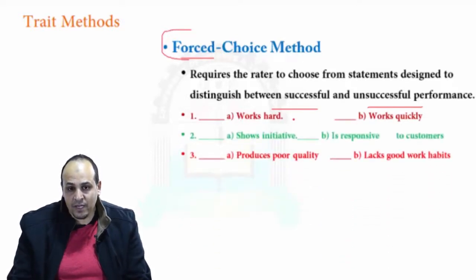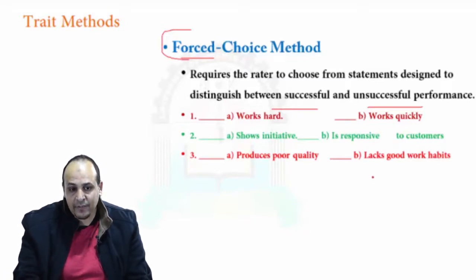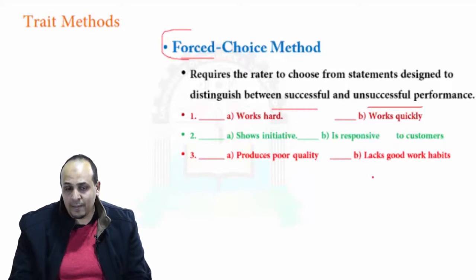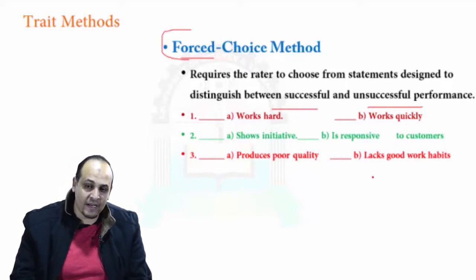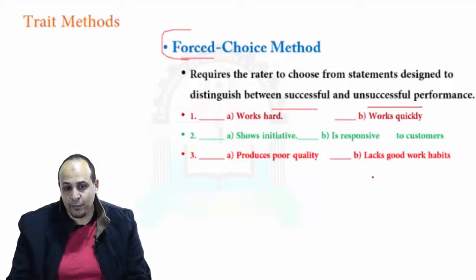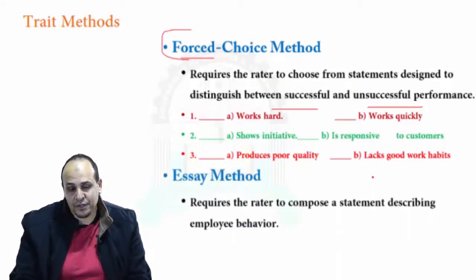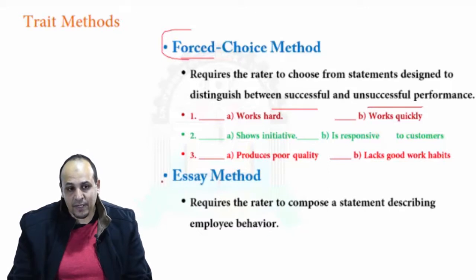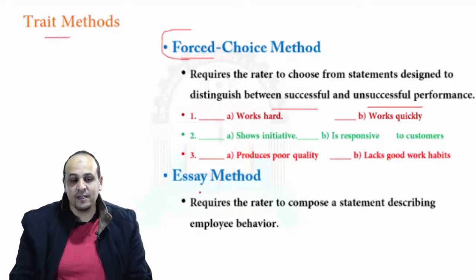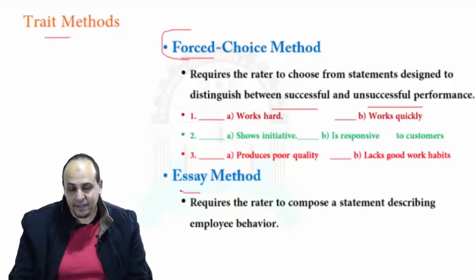Works hard, works quickly, shows initiative, is responsive to customers, produces poor quality, lacks good work habits. So there will be no comments here. The supervisor, based on what he or she knows about the employee, should come up with the right answer to these questions.